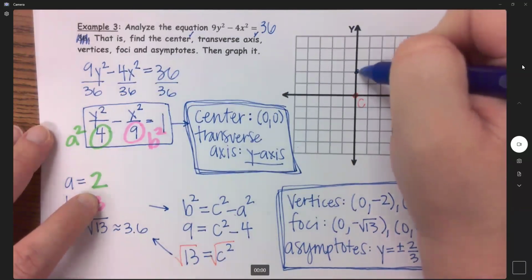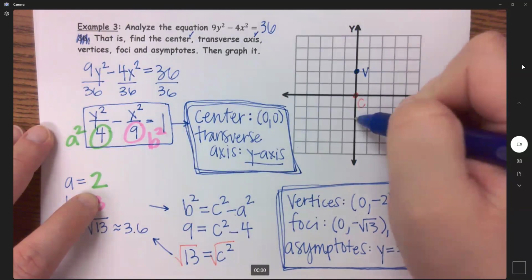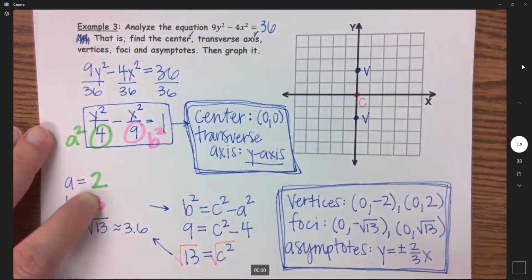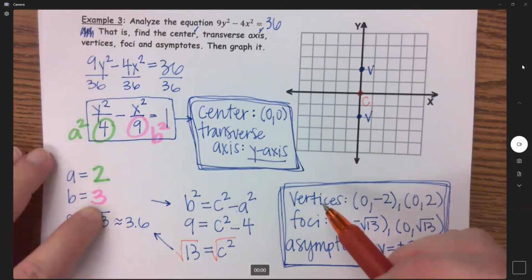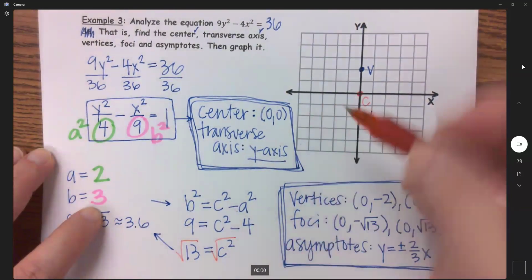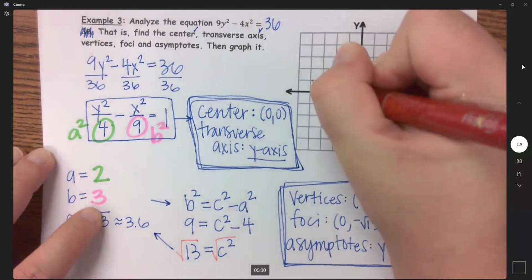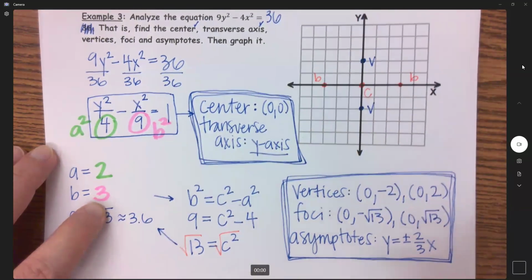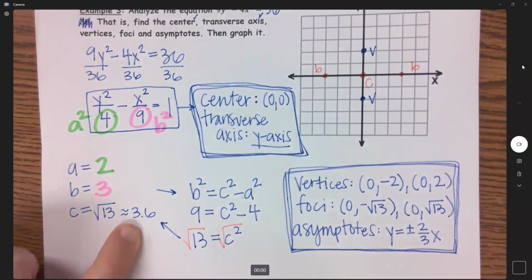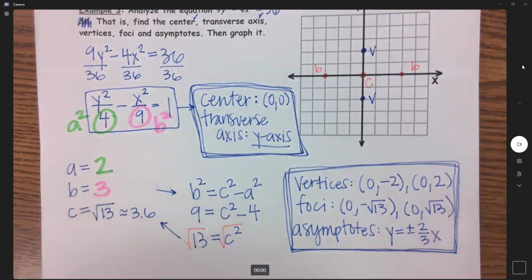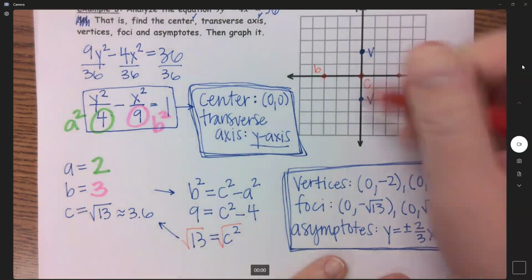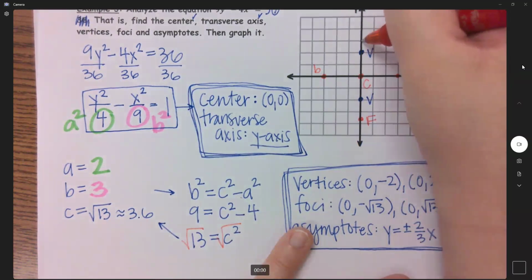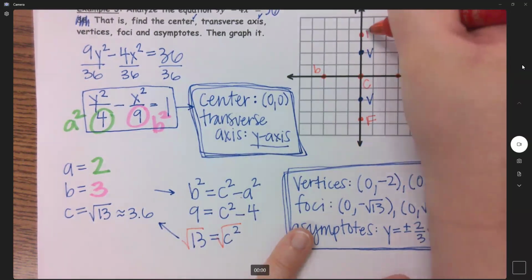So I'll go up 2 and label that as V, and go down 2 and label that as V. My 3 helps me make the box, so I'm going to go 3 units this way and 3 units this way. And then my C is about 3.6, so 3.6 up for my F and 3.6 down for my other F.